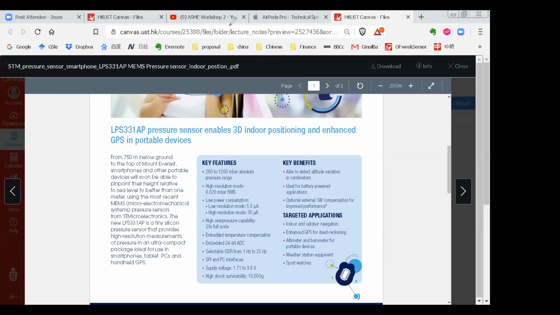So this is, I think, a new application. You see 3D positioning and GPS in portable devices. This is something you should understand. Of course, LBS is also very special.